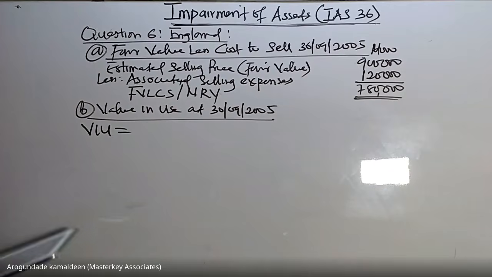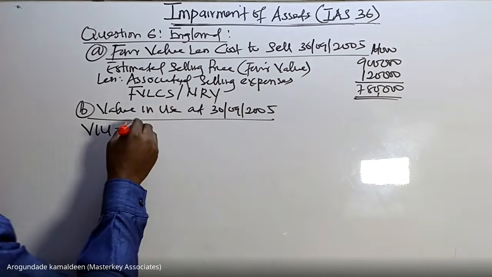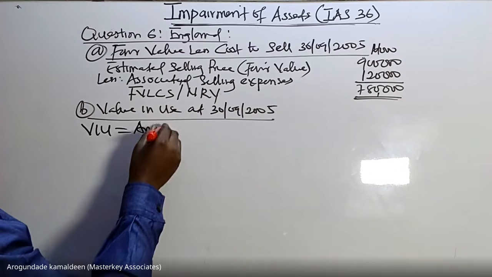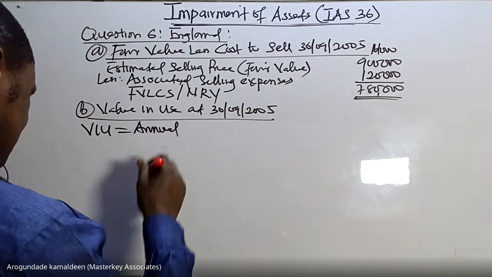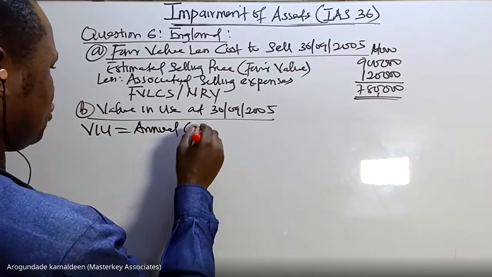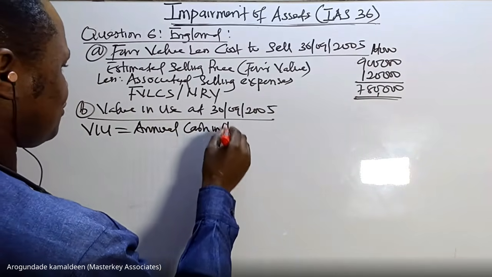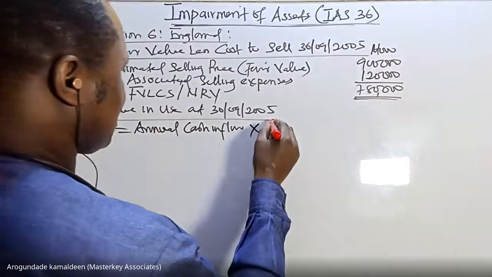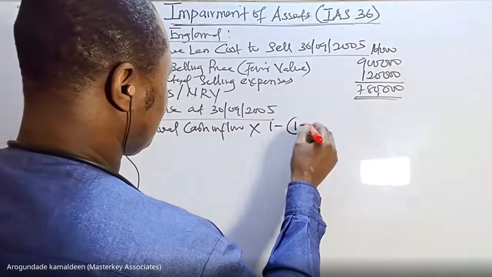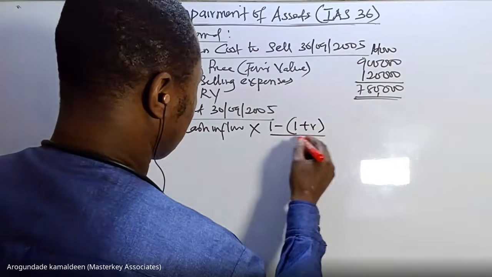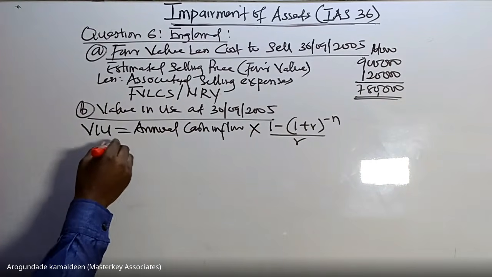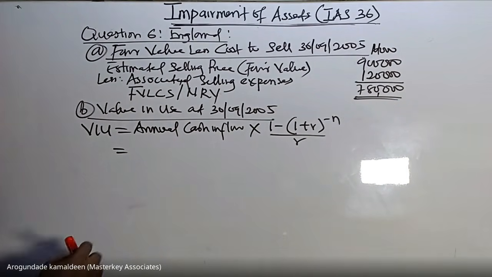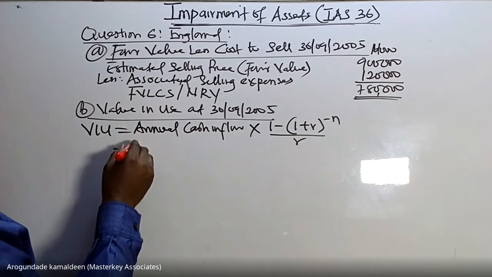The value in use is the annual cash inflow you have there times the annuity factor. So I have my annual cash inflow as 300 million.